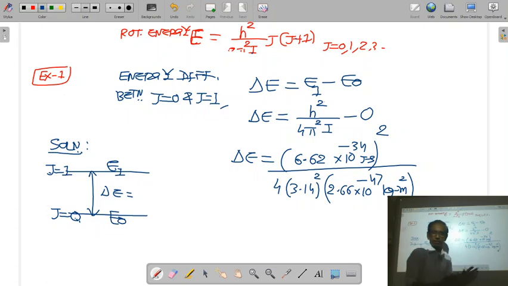I have converted gram centimeter square into kilogram meter square. That is why I have written 10 to minus 47 instead of 10 to minus 40.